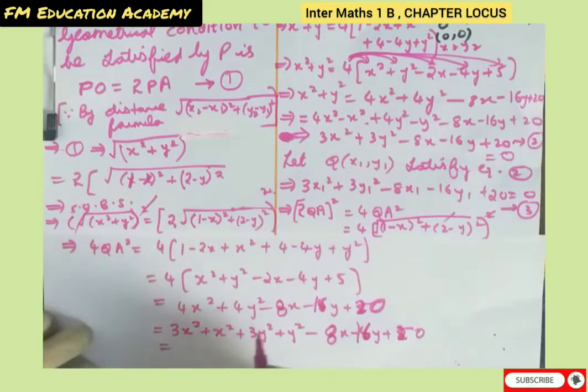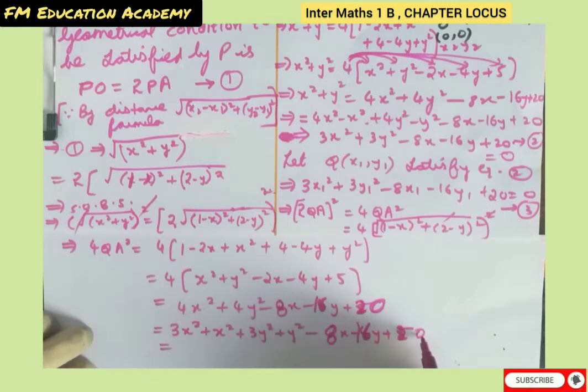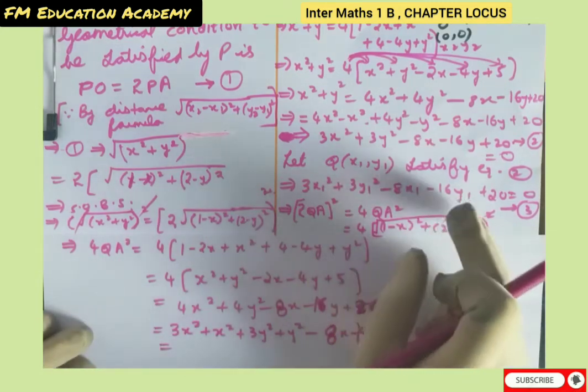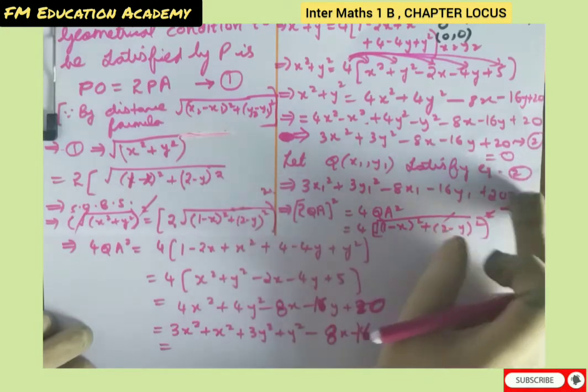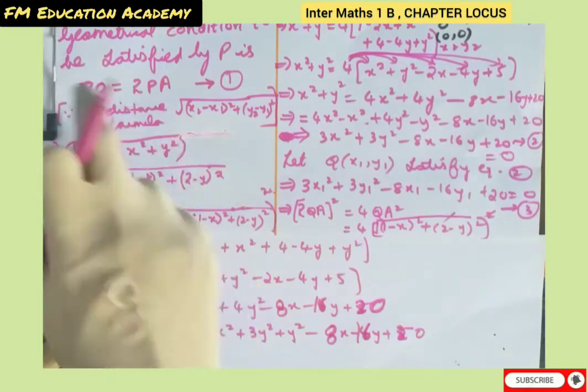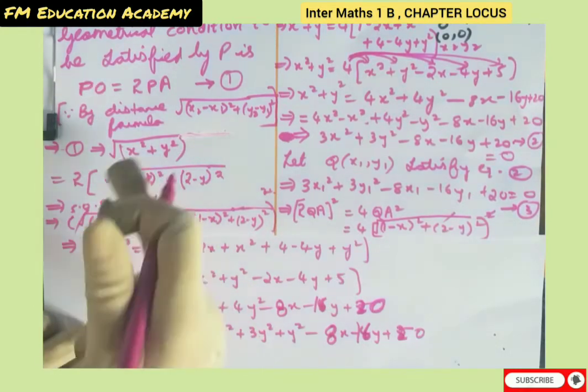Okay. What we will do is write 3x square plus 3y square minus 8x minus 16y plus 20 in one bracket, because we know 3x1 square plus 3y1 square minus 8x1 minus 16y1 plus 20 is equal to 0. So we can make that equal to 0 and we will be left with x square plus y square, and we want x square plus y square only because PO is root of x square plus y square.